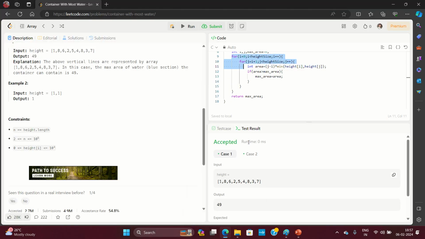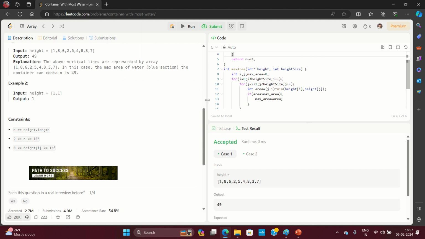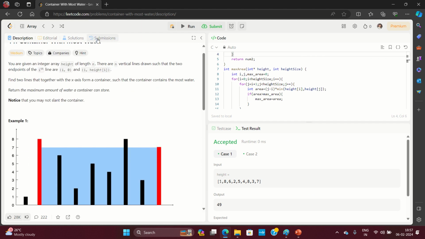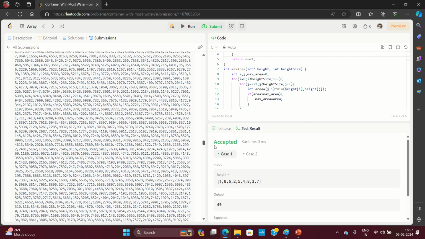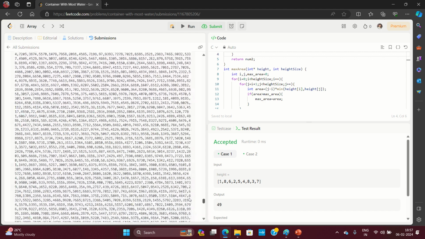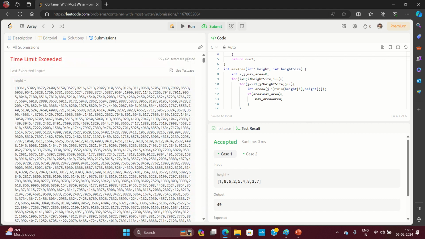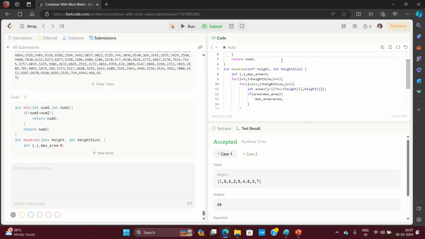That means for a huge array like this, where the total length of the array is around 1 lakh, we are actually running 1 lakh times 1 lakh approximately, that is 10 to the power 5 times 10 to the power 5, which is 10 to the power 10 iterations in total, and so many comparisons.